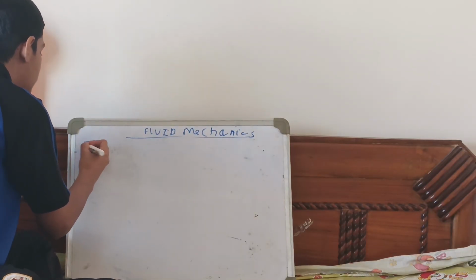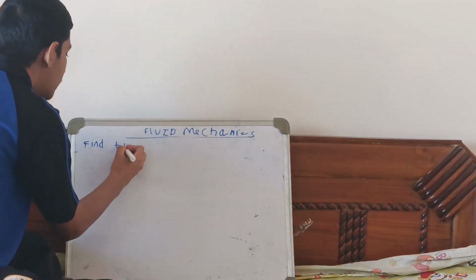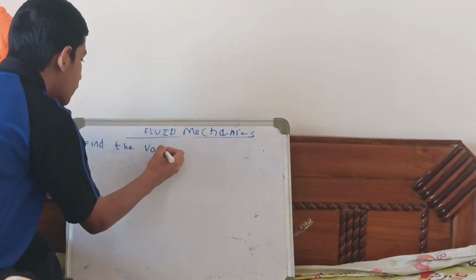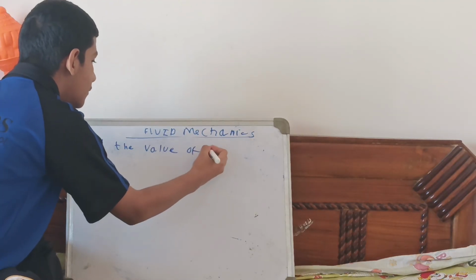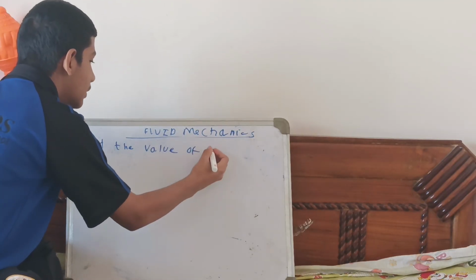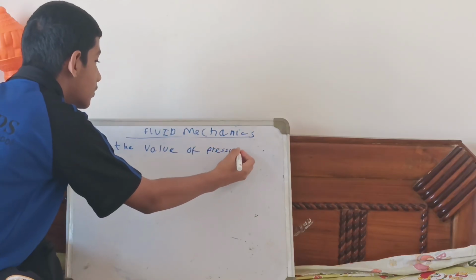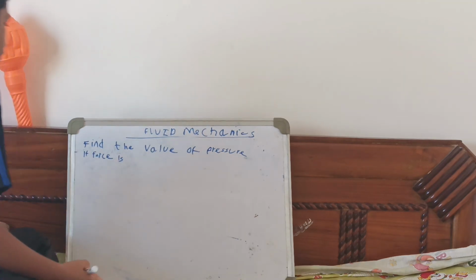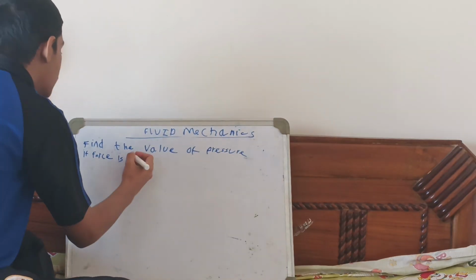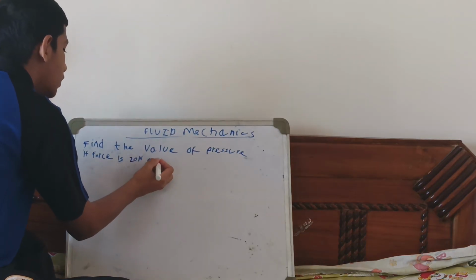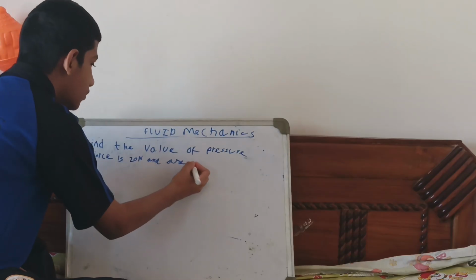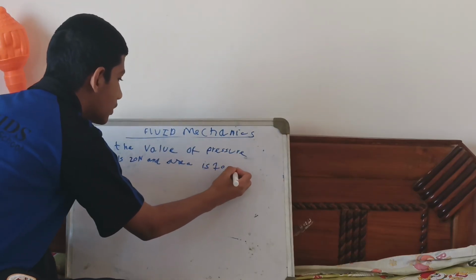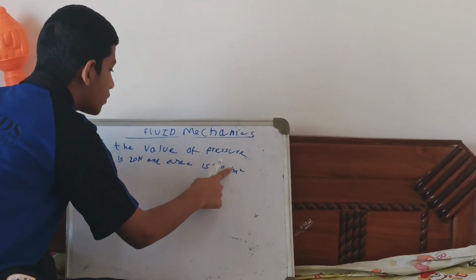Find the value of pressure if force is, suppose, 20 Newton and area is 10 meters square.